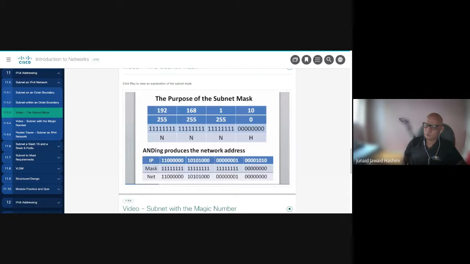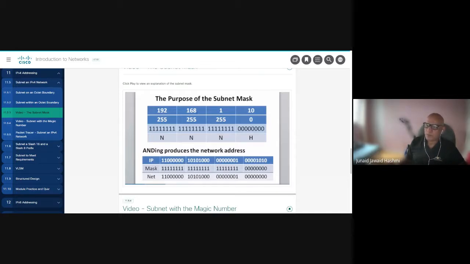This is a logical process of ANDing. A true and a true makes a true, but a false and a true makes a false. If we logically AND the IP address with the subnet mask, we get the network address.